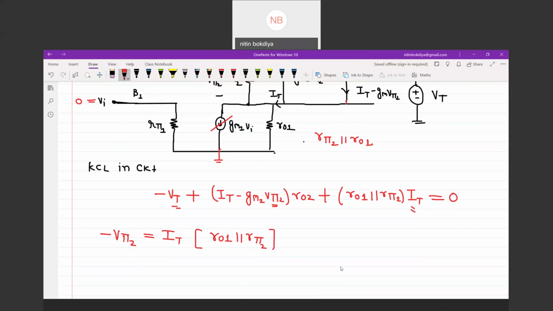Why are we saying this? Because a current IT is flowing in this terminal. The one is this and another one is this. This is R01, this is R pi 2. And whatever potential appears here is minus V pi 2.